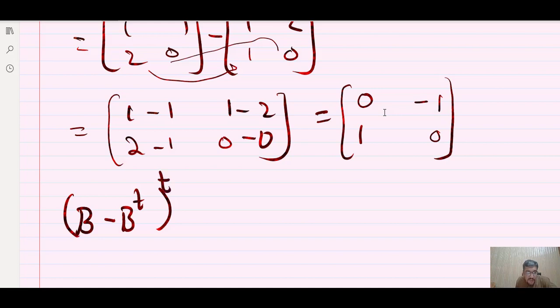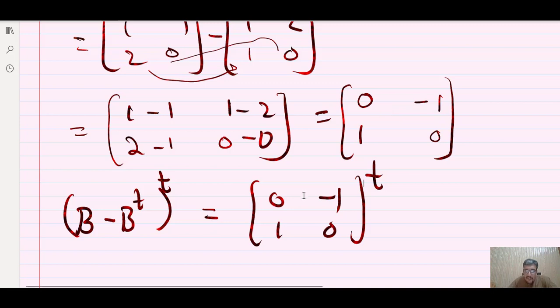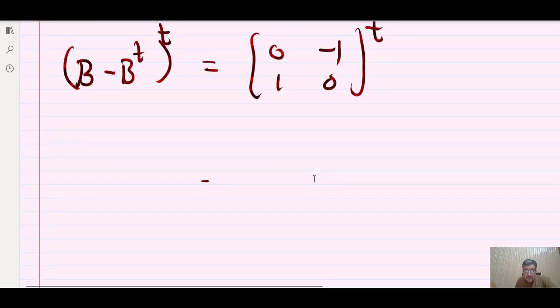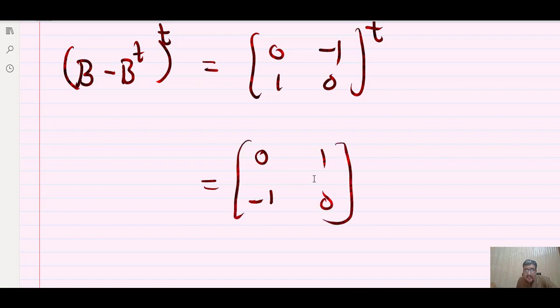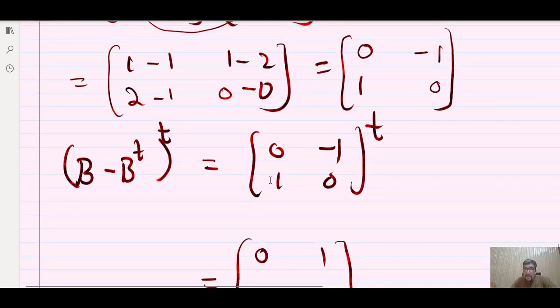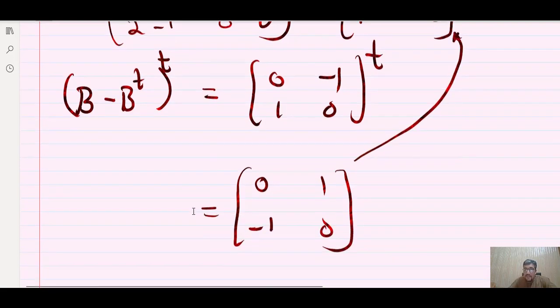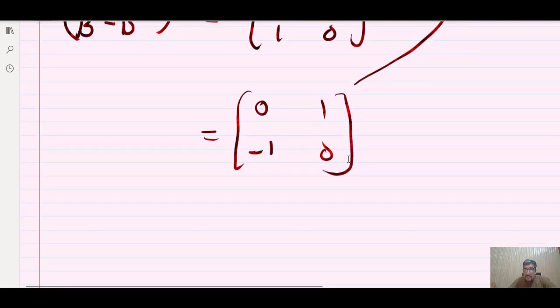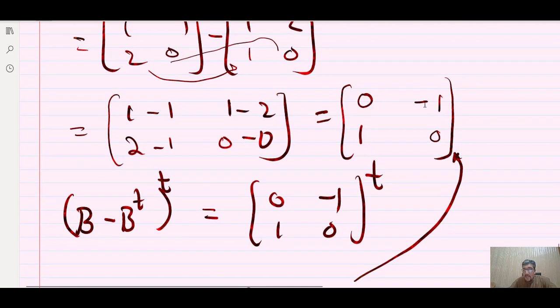So the value of B minus B transpose is this one, which means you have to take the transpose of this. If you take the transpose of this, it will be 0 minus 1 1 0, and it is not similar to this one. See, this is 0 1 minus 1 0, and it is 0 minus 1 1 0.